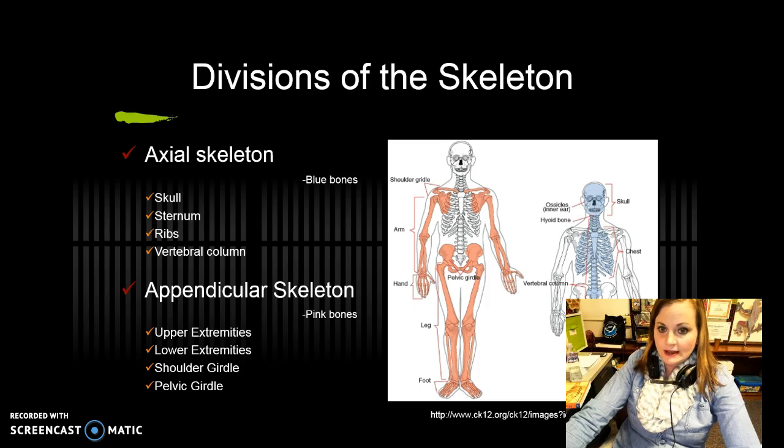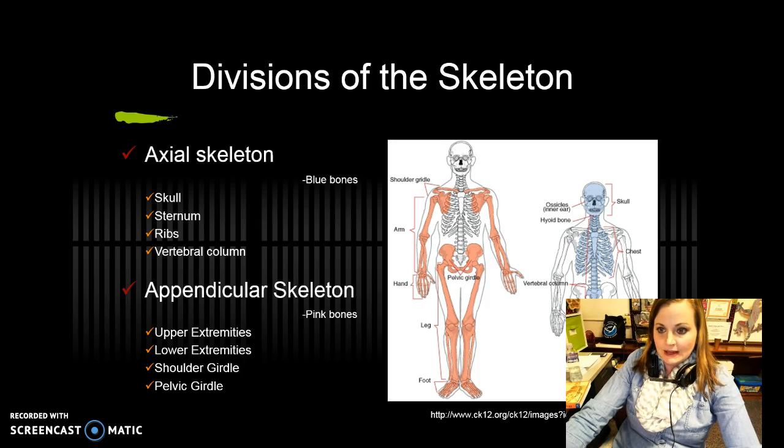So what are bones? A lot of people think bones are dead. They're like shells of a clam or an oyster, but they're not like that at all. They do have minerals in them, which makes them hard, but in fact bones are made up of living tissue. We can divide our skeleton into two main parts, the axial and appendicular skeleton.